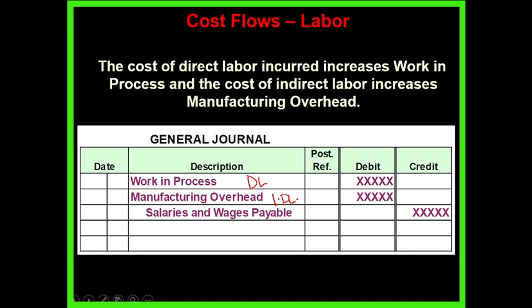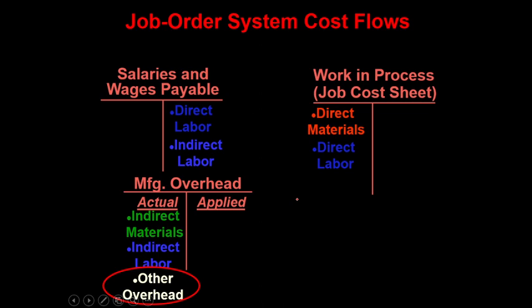Okay, so let's continue. Kunyari, malapit na matapos. You have the other cost, other overhead. So, debit to manufacturing overhead and credit cash or vouchers payable. Or if these are already recorded from other expenses, you just have to reduce those expenses by crediting them.